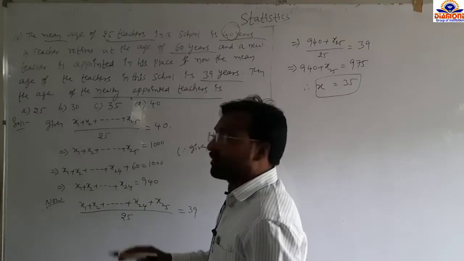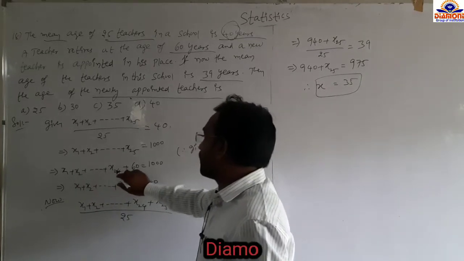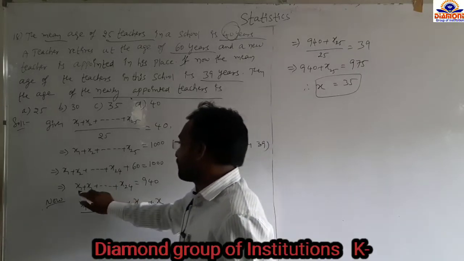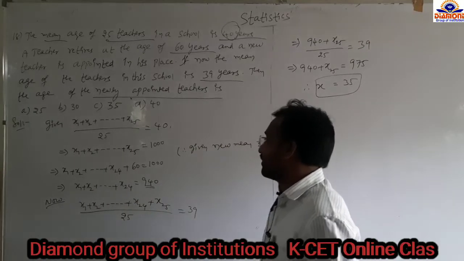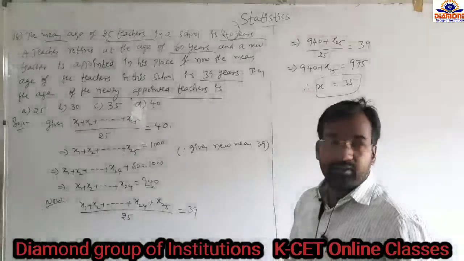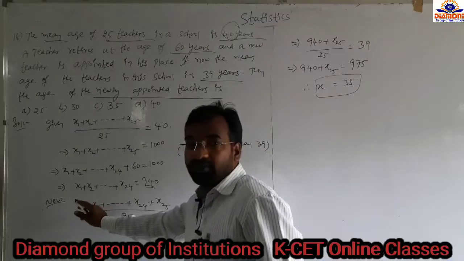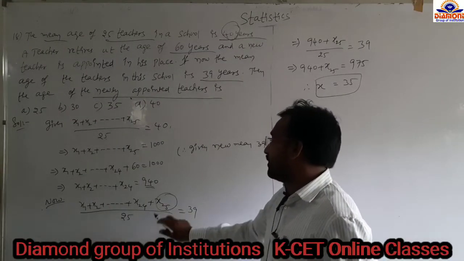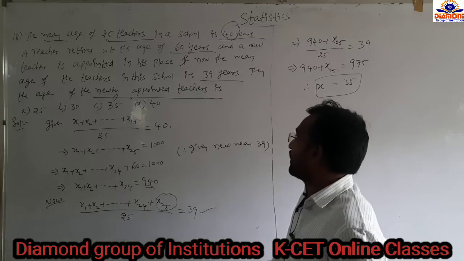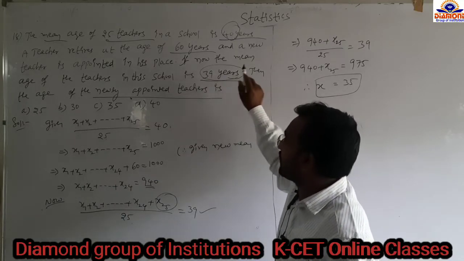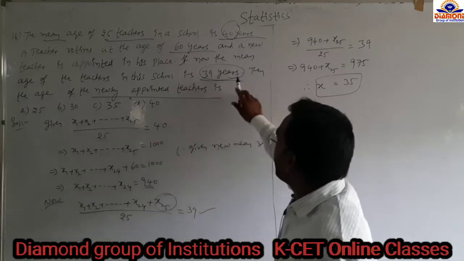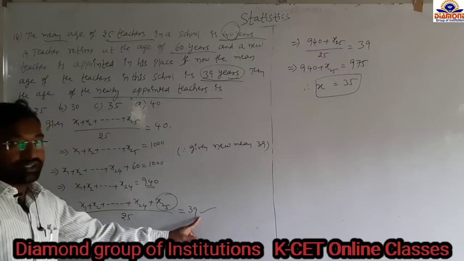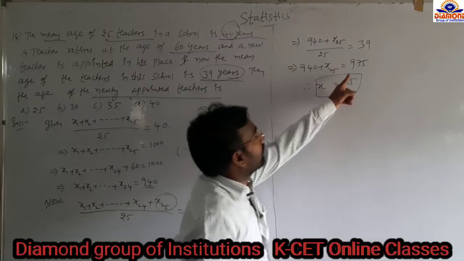Suppose one teacher retired at 60 years. So x1 plus x2 plus so on up to x24 plus 60 equal to 1000. Bring 60 to this side, you get 940. So x1 plus x2 plus so on up to x24 equals 940. Now a new teacher is appointed; we take the previous 24 and the new one. So x1 plus x2 plus so on x24 plus x25 by 25 equal to 39, the new mean. Multiply 39 into 25, which equals 975.